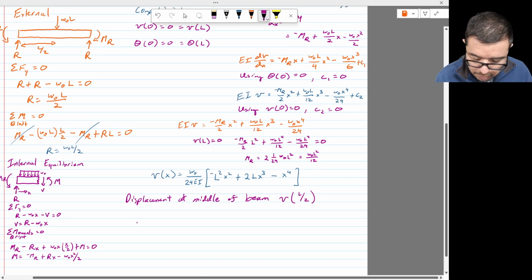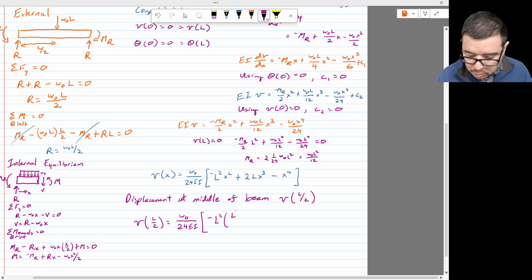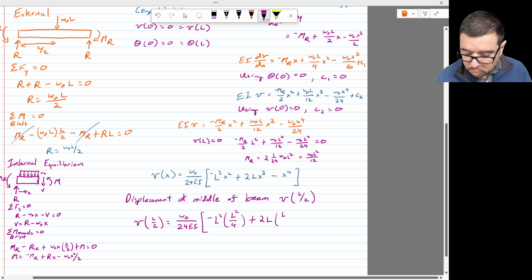So here we go. V of L over 2 is equal to W naught over 24 EI. And now we have our minus L squared times L squared over 4. We have plus 2L times L cubed over 8.